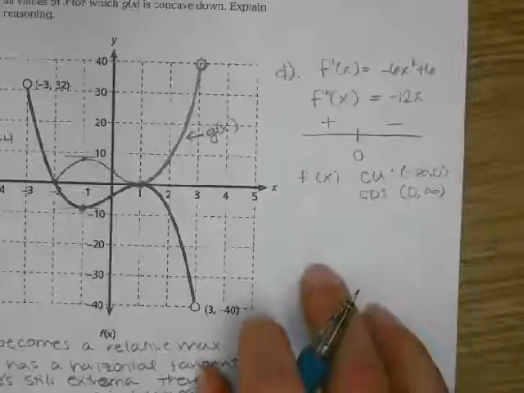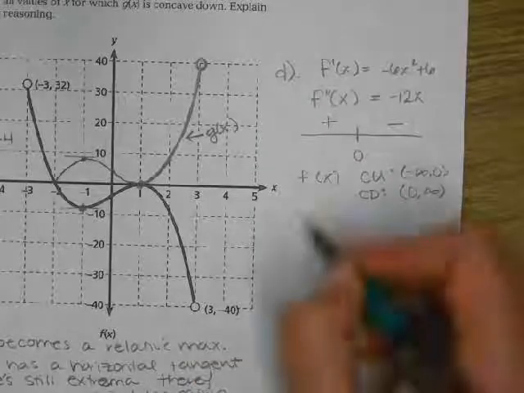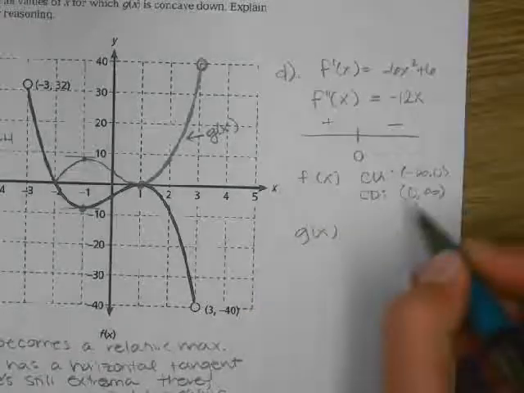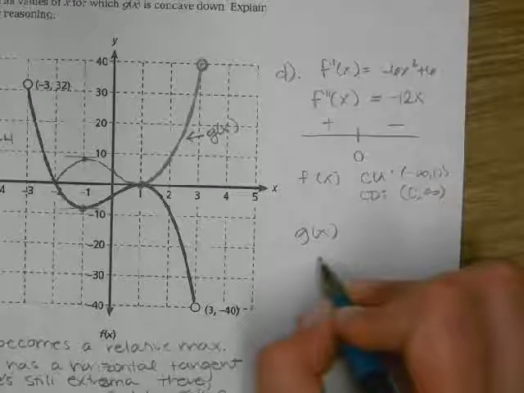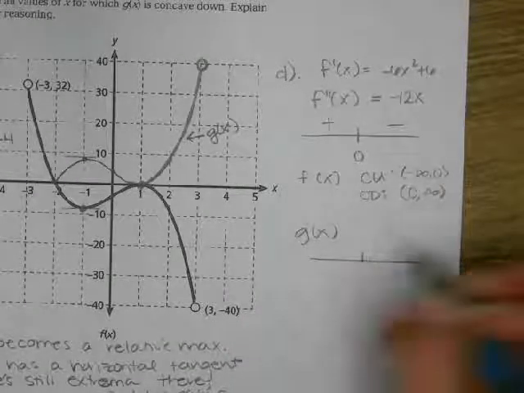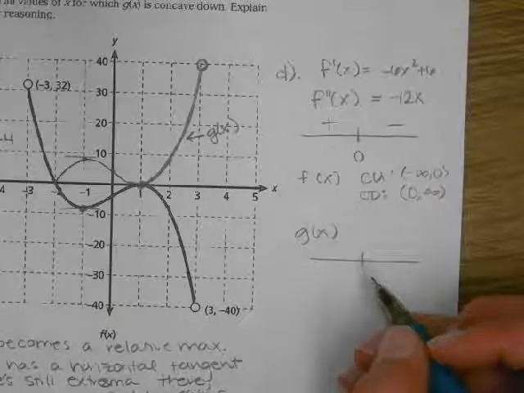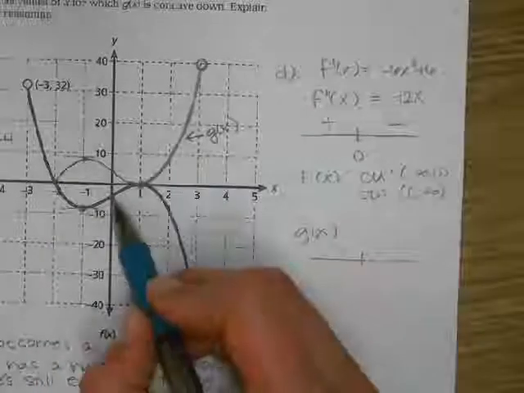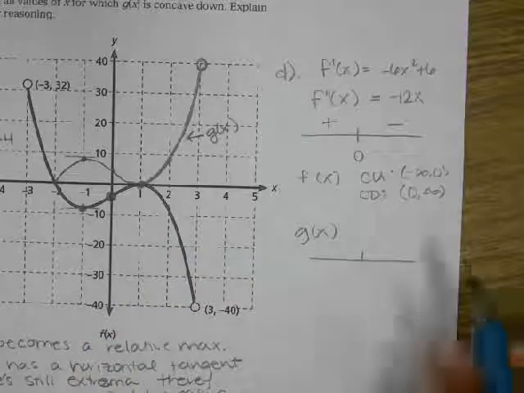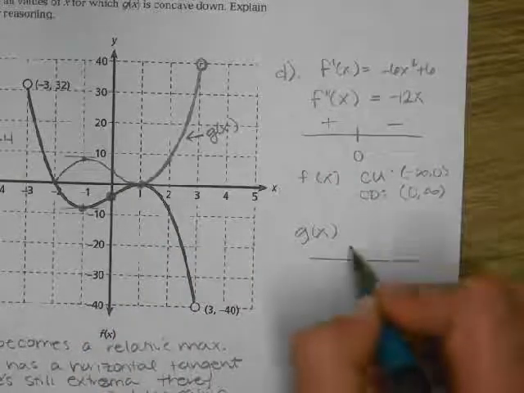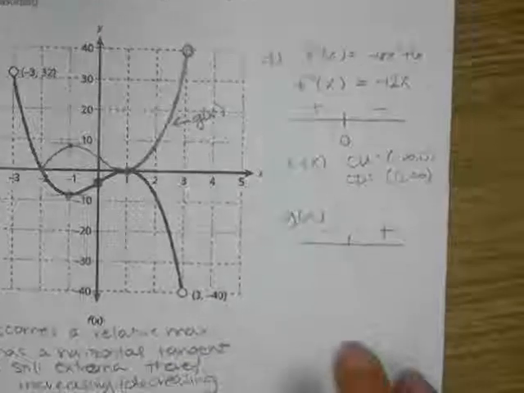So I knew that g of x would be the opposite of that, because our y values are all being forced to be positive. So if you can see here, this is your little point of inflection right there. So I looked and I said negative, positive, like this.